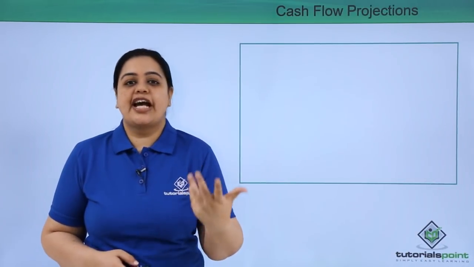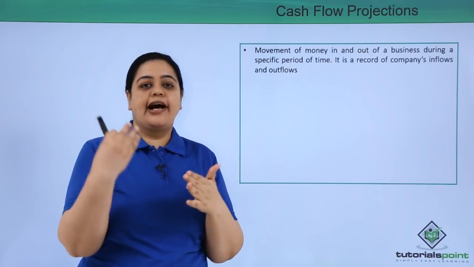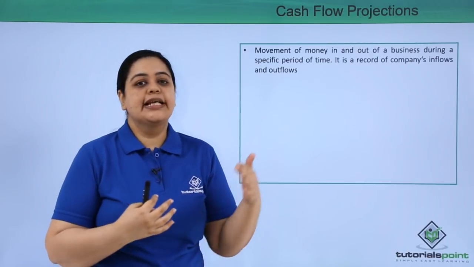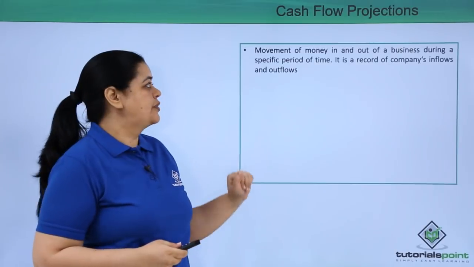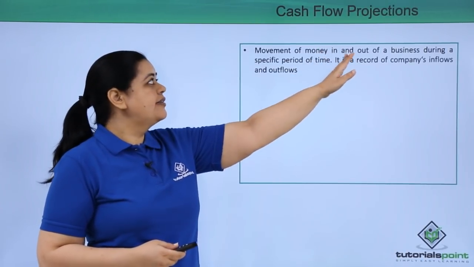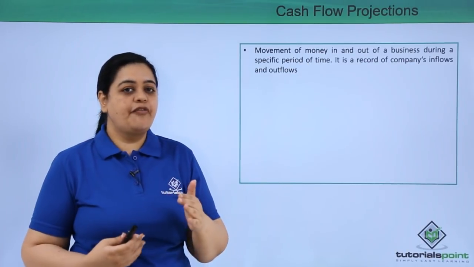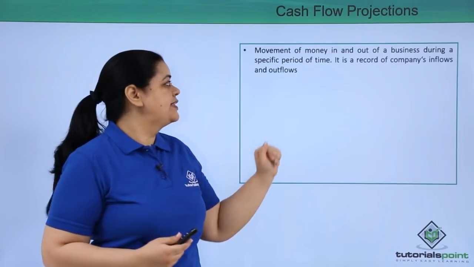Now let's do cash flow projections. See, you need to understand how the money is coming into your business and how it is going out during a specific time period. So cash flow projections are nothing but projecting what would be the movement of money in and out of the business.